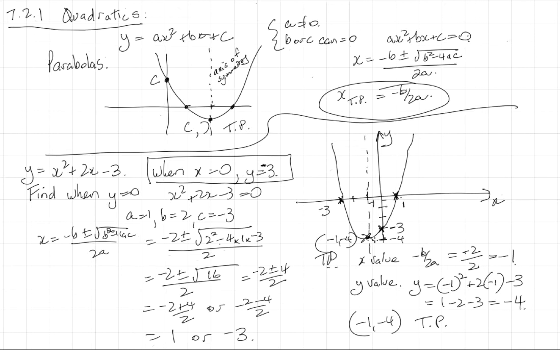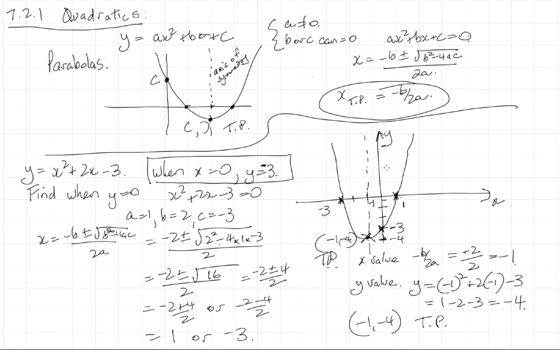So quadratics are in the shape of parabolas. We can certainly find the x-intercepts when the whole function's equal to 0, and we use our quadratic formula to work out the two x values where it cuts the x-axis.